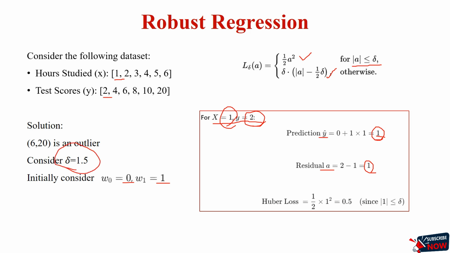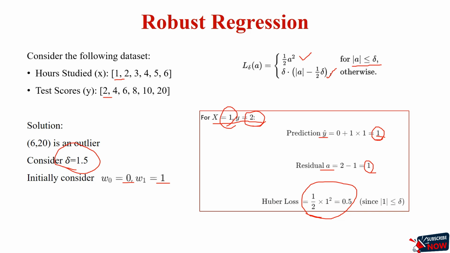When we compare A, which is 1, with this 1.5, yes, 1 is less than or equal to 1.5. So the first equation is used, half into 1 square, which is equal to 0.5. We have this value. Likewise, we'll have to proceed for the next data point.